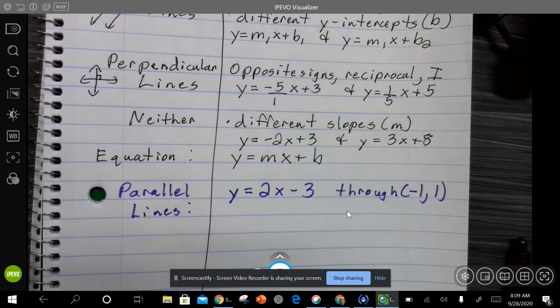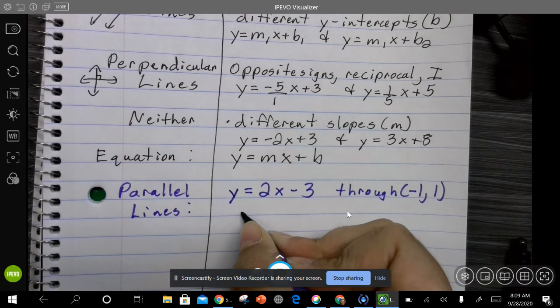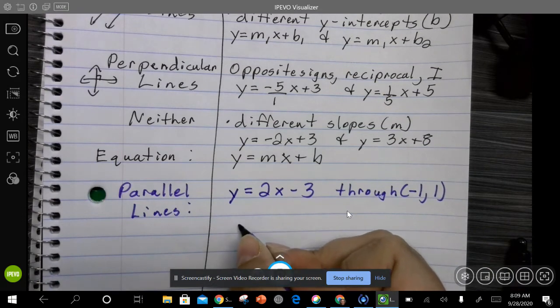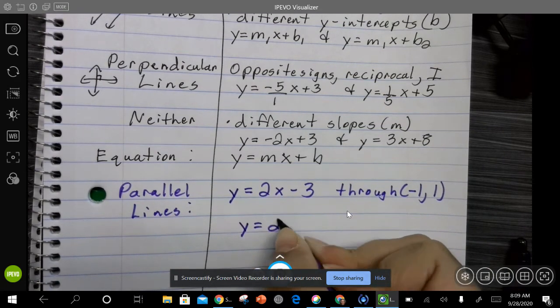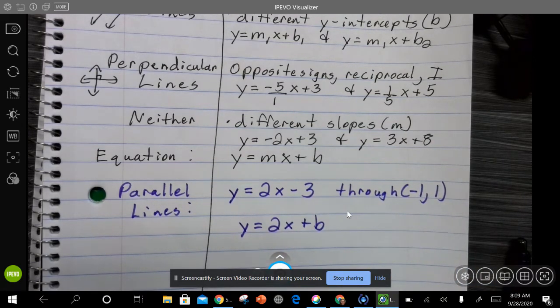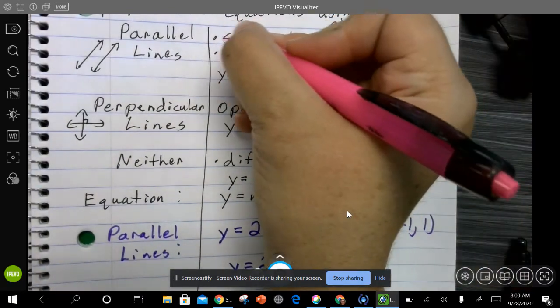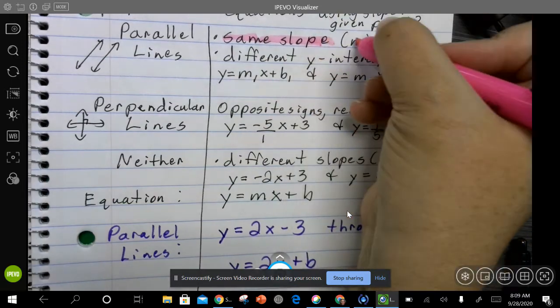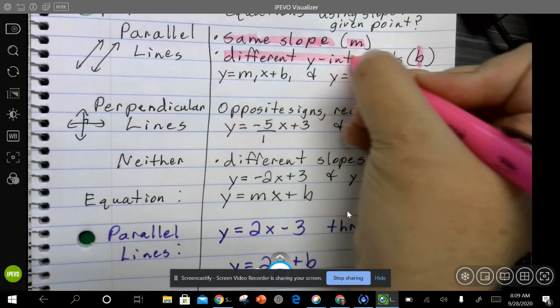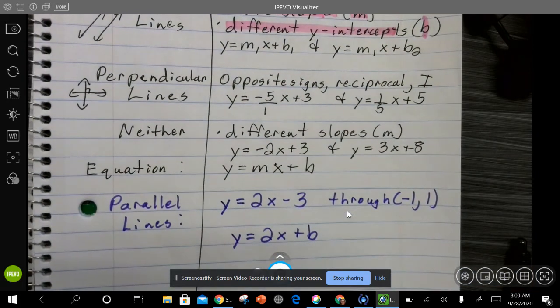So we need to write a line that is parallel to it. So we're going to put y is equal to 2x plus b, because remember, everybody, they have different y-intercepts. Same slope, different y-intercepts. So I'm going to substitute in.